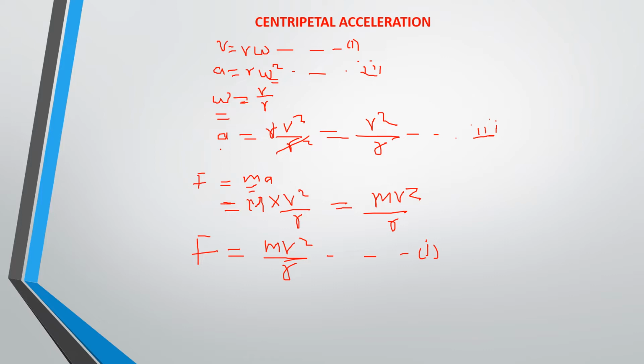We know that the centrifugal force is opposite to centripetal force, so centrifugal force will be equals to negative m v squared all over r.